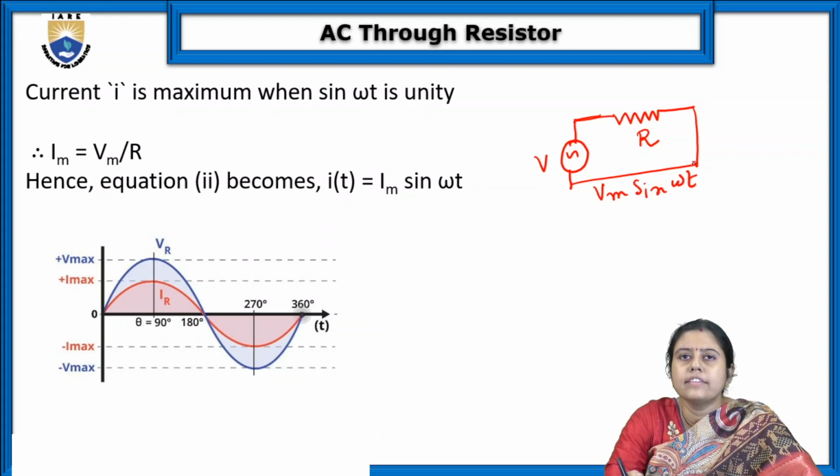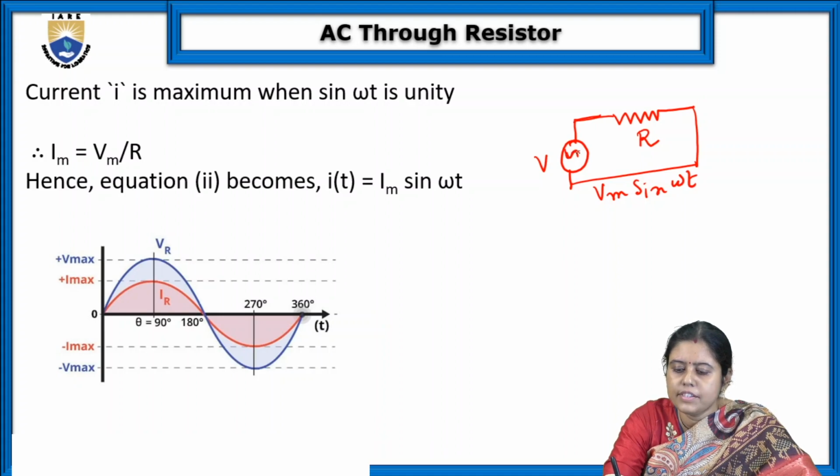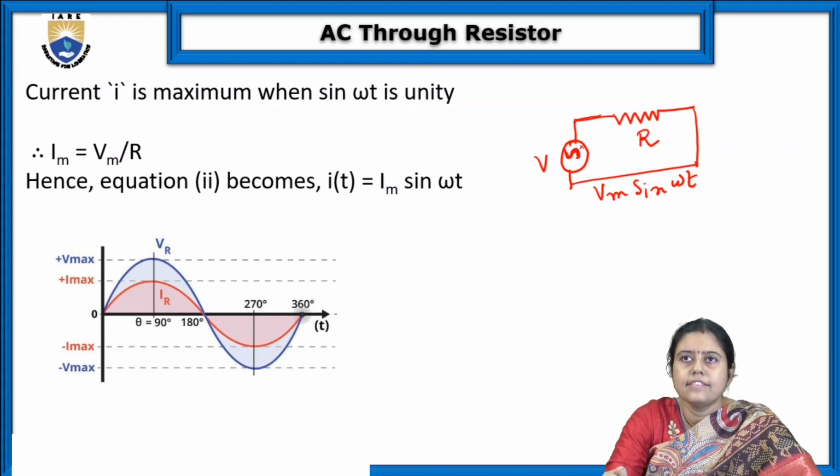As I discussed in the previous class, in the resistor, current is always in the same phase as the voltage. We discussed in the last class the case of a sinusoidal or AC input. For an AC input, when current flows through a resistor, the current is always in the same phase.